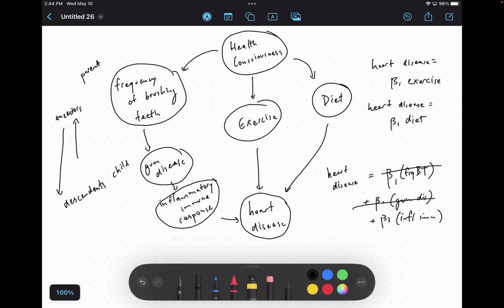For every 10% this goes up, let's say this goes down by 5%, and for every 5% that gum disease goes down, let's say this goes down 5%, and for every 5% this goes down, heart disease goes down 1%. So again, let's forget about all this stuff here.